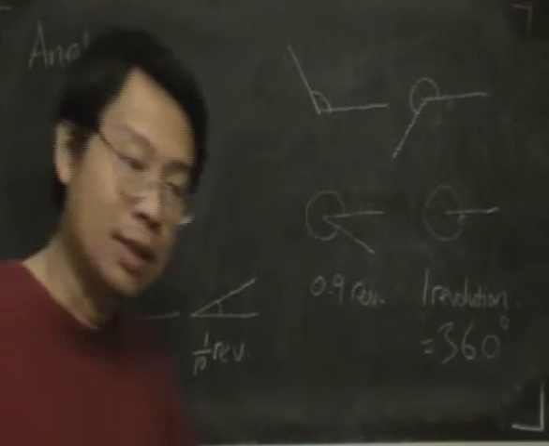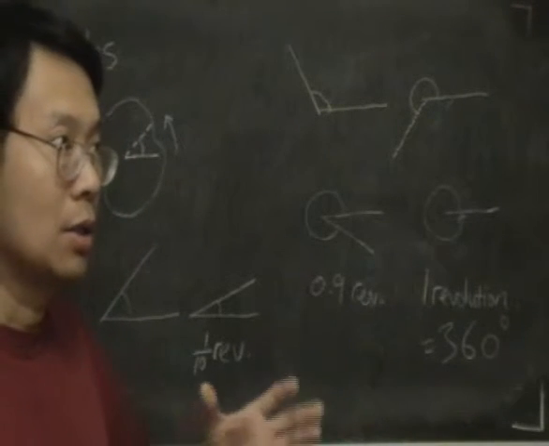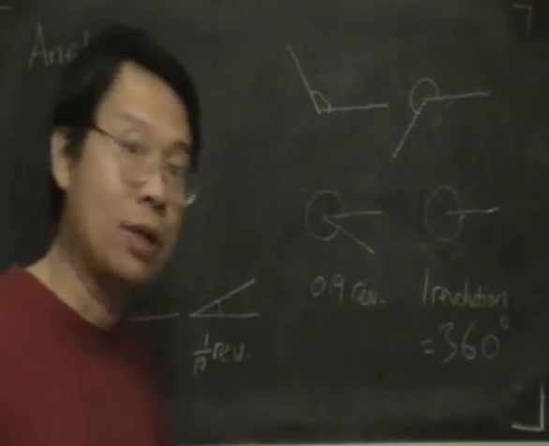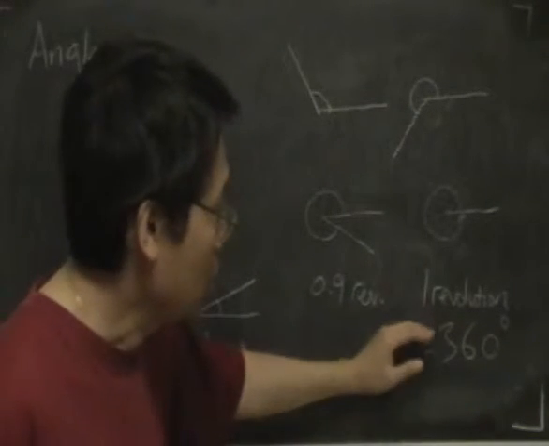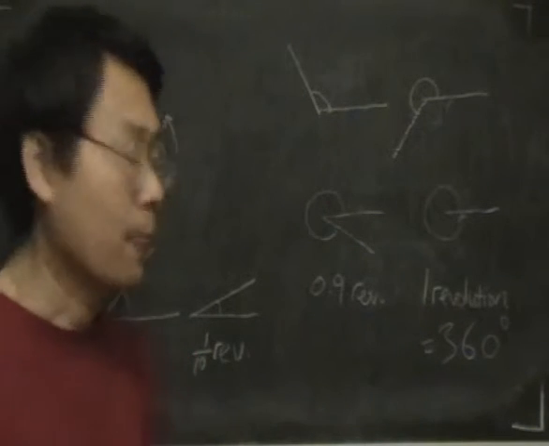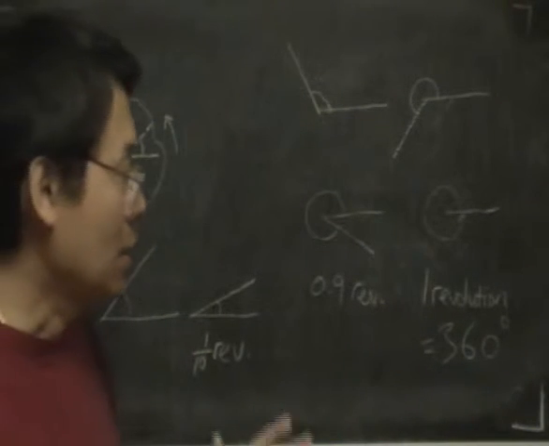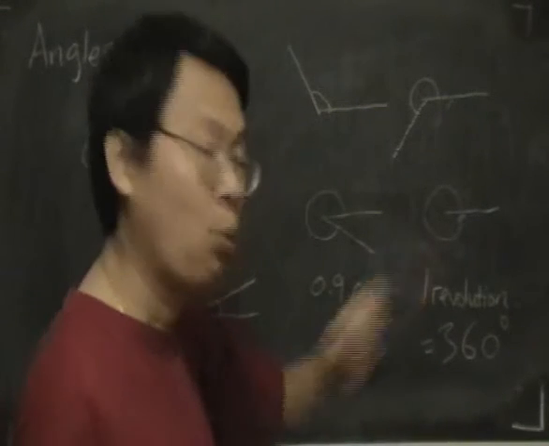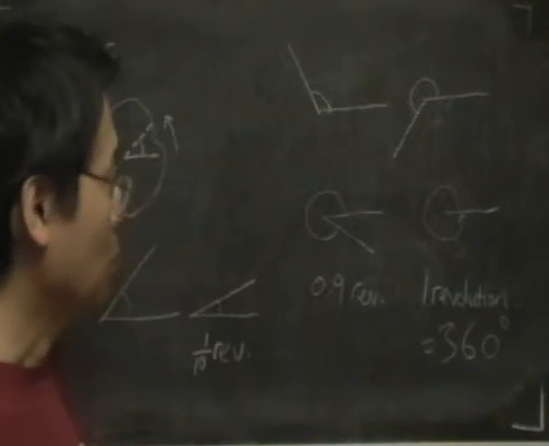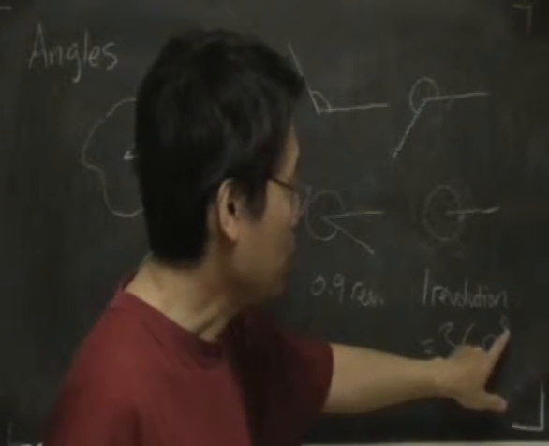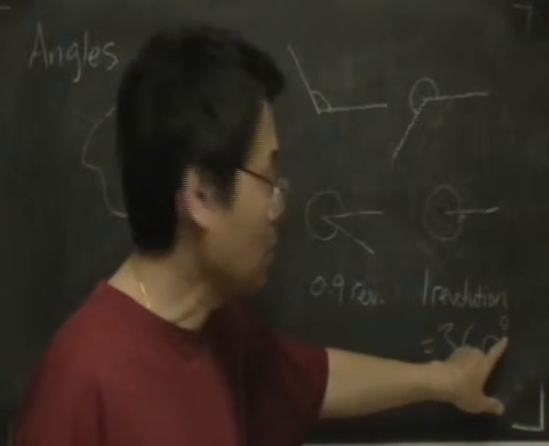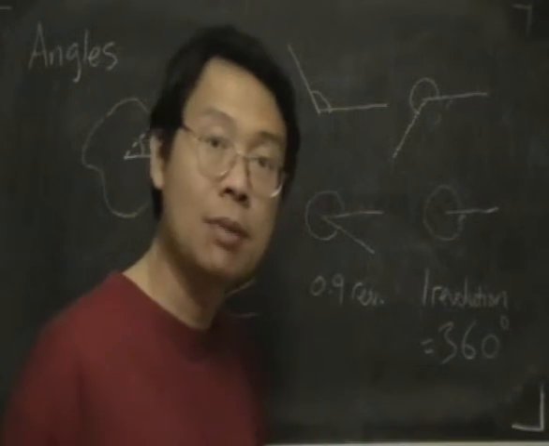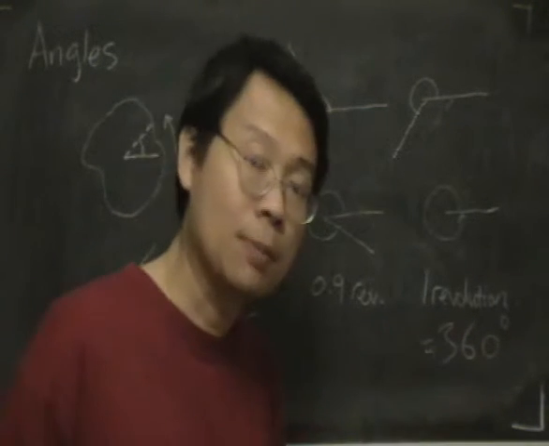So in a way, that is like a way to define what degree means. The meaning of degree is just that if you have 360 degrees, it means one revolution. Okay, and we represent degree by this symbol, a tiny circle which is placed higher up next to the number.